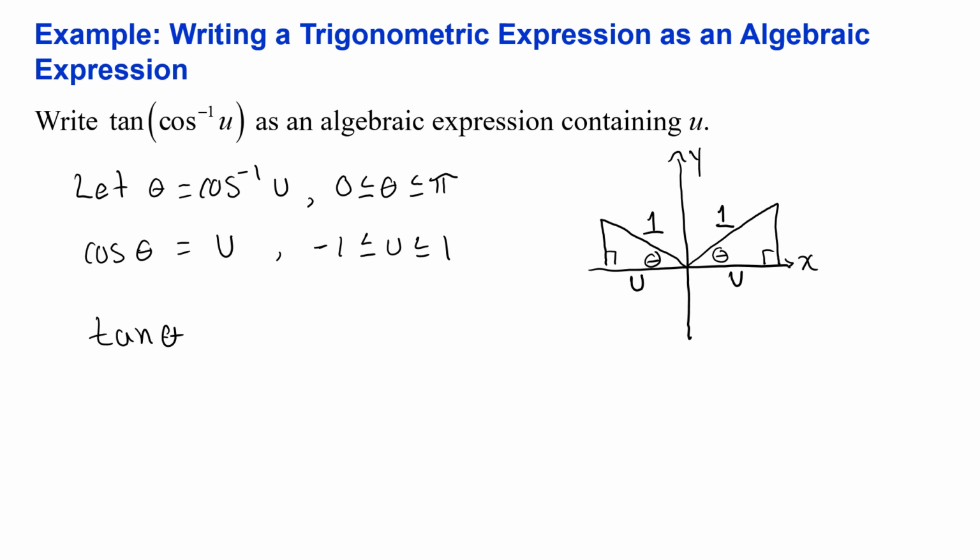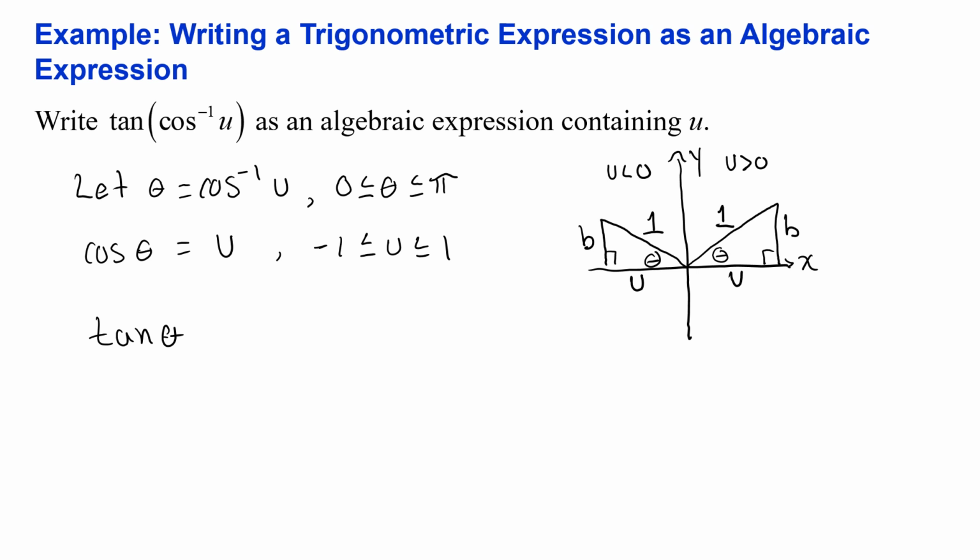Now keep in mind, in quadrant 1 the value of u is positive, and in quadrant 2 the value of u is negative. So since we're looking to find an expression for tangent of theta, we need to label the side opposite of theta. Now let's begin by labeling the side opposite theta as b, and we want to get b in terms of u.